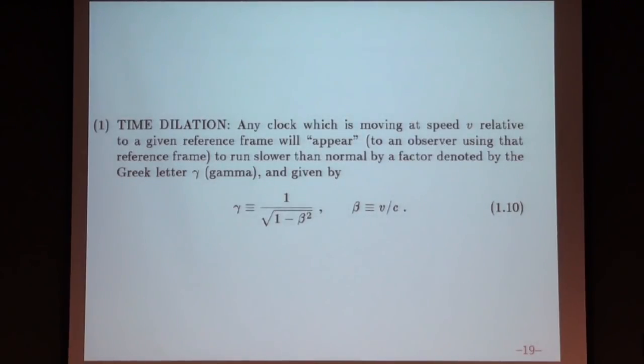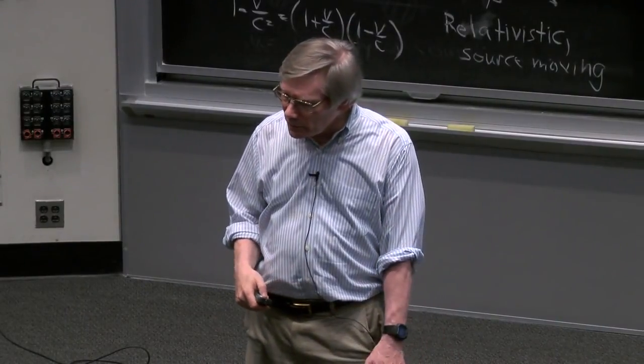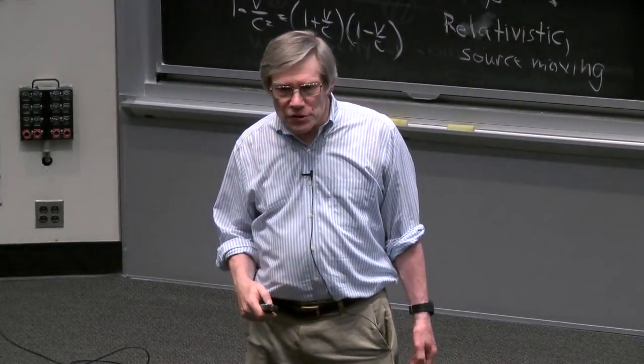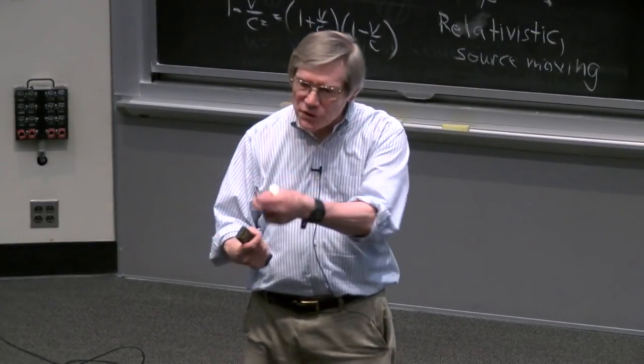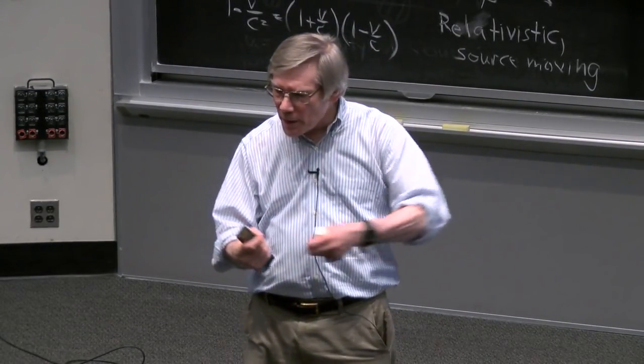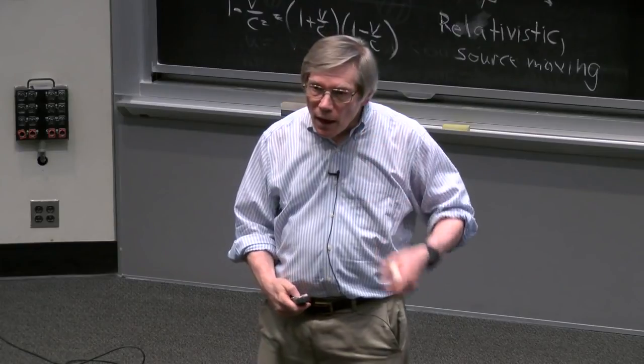I'll turn out the board lights in case they're distracting. And again, appear refers not to how it would actually look to any particular observer, because any particular observer in a particular location is going to be waiting for light rays to reach that observer, and they'll take different amounts of time depending on where they start.